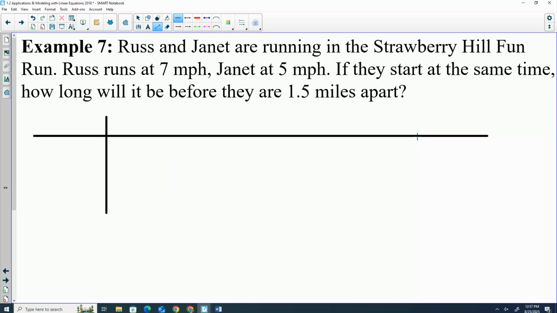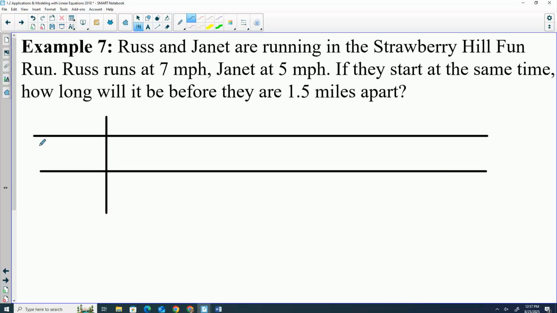So I may not need as many rows. Have my people. Okay, if I'm talking about speeds and distances, do you guys know the formula for distance?